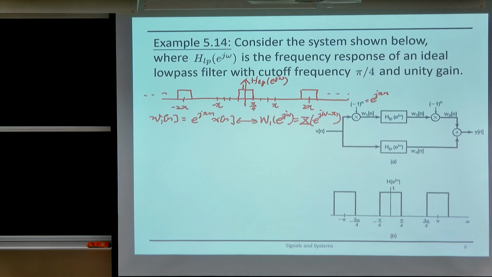Then we pass through a linear time-invariant system with frequency response HLP.